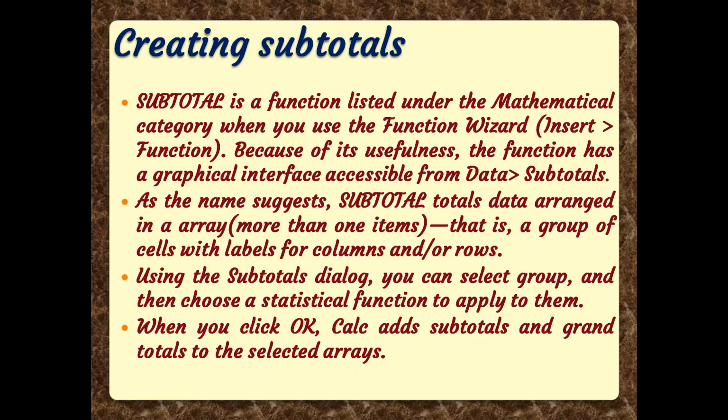Now as the name suggests, subtotal totals data arranged in an array. Array means where more than one item is there, right? That is a group of cells with labels or columns or rows. Using the subtotal you can select a group. कौन सा group? As per which you want to do subtotals.